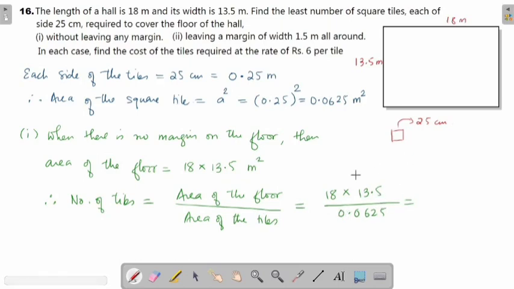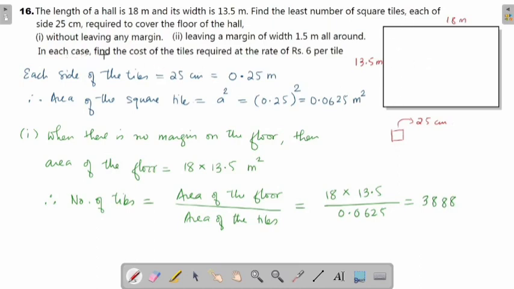Now the calculation part I am leaving to you. If you do the calculation, it turns out to be 3888. So this many square tiles are required to cover the floor without leaving any margin.